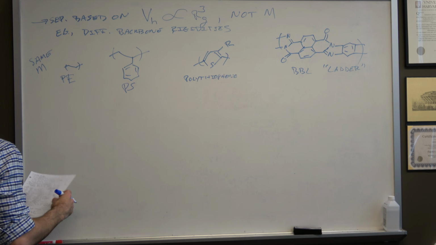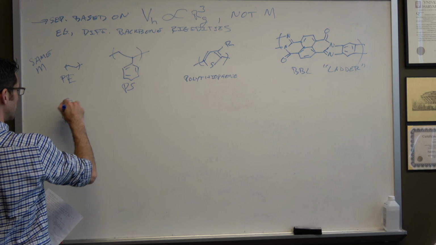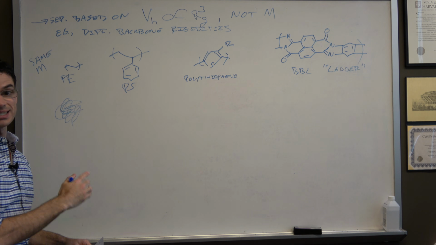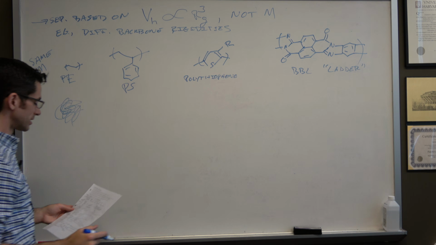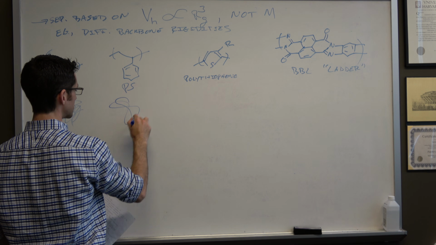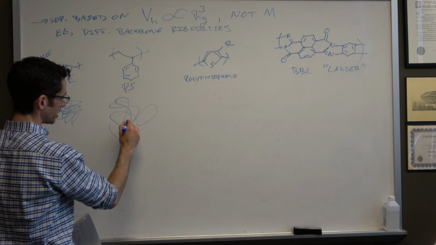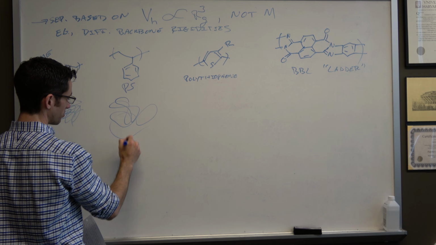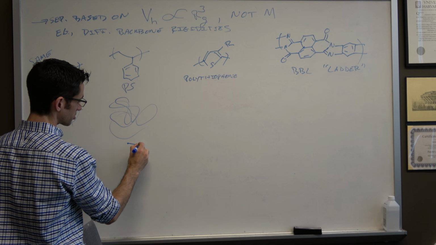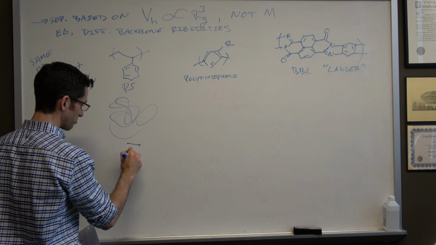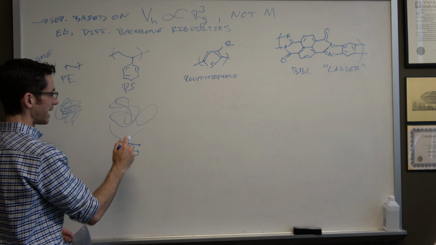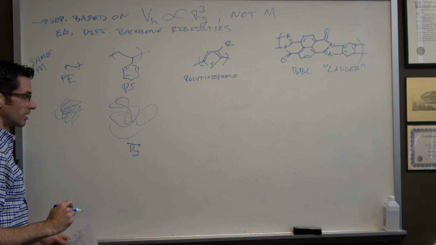Now, polyethylene is the most flexible, so it might look roughly and scientifically like this. Polystyrene is a little bit more rigid, so it's going to relax a little bit more. And maybe the radius of gyration is, remember, from the center of mass, the root mean squared distance from the center of mass to the average monomer.